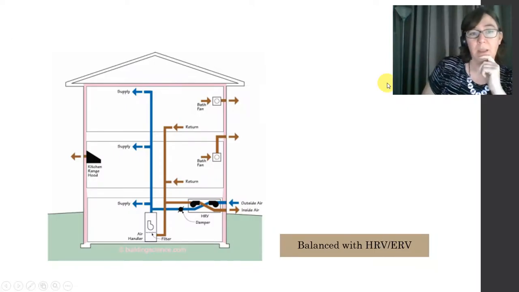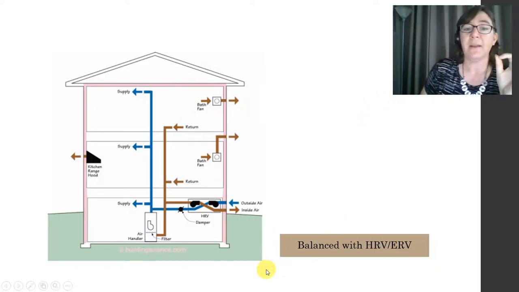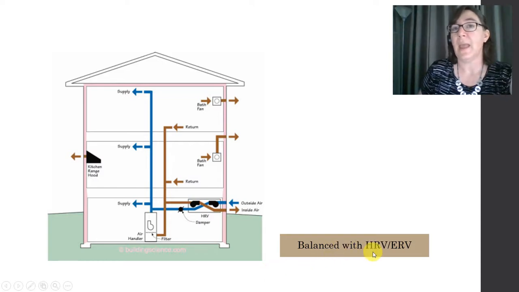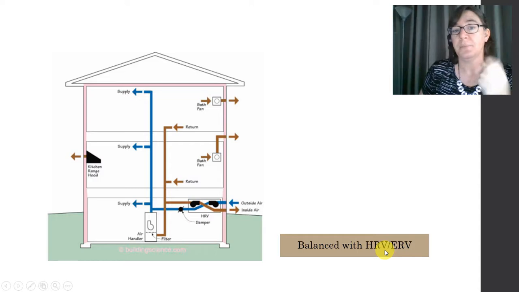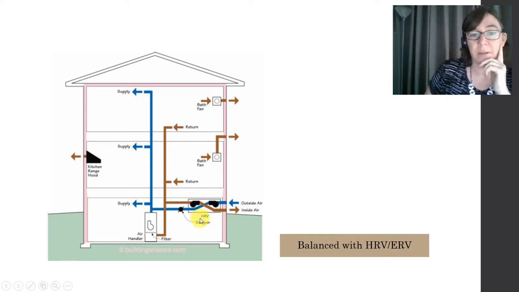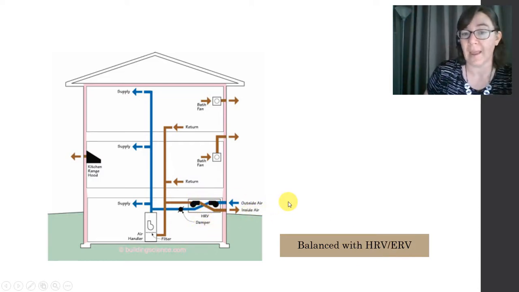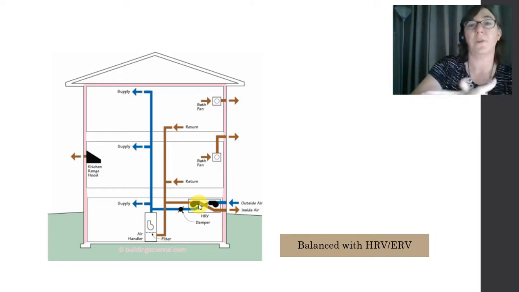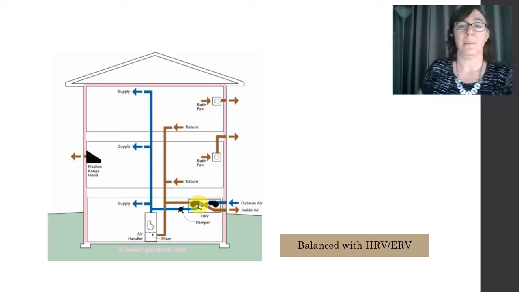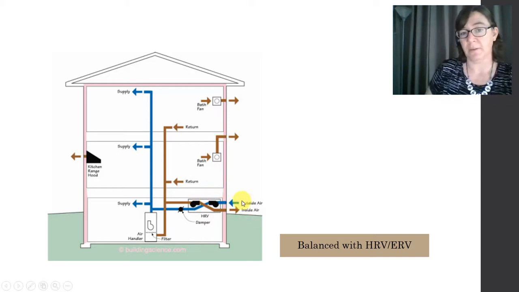And here's one right here. So let's take a look. This is a balanced system also using an HRV, heat recovery ventilator, which is a tool right here. So let's start with our supply. The outside air is going to come in. It's going to go through the HRV and gain some heat by passing over and around that inside air that's being exhausted.